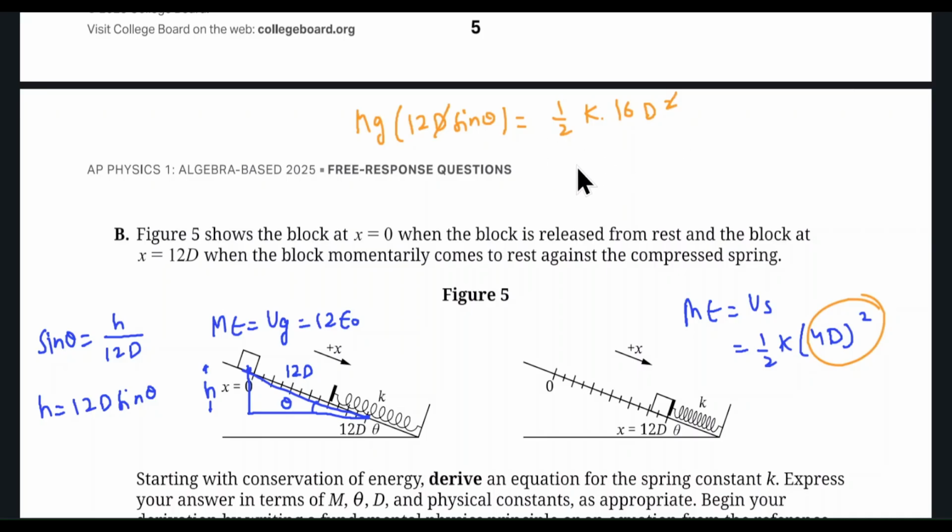Cross multiply by 2, so 2 times 12 is 24. So 24 mg sine theta is equal to 16 kd. I'm going to divide both sides by 16d. In fact, I'm going to cross this out. 8 times 2 is 16, 8 times 3 is 24. So 3 mg sine theta over 2d. That should be the value of the spring constant k.